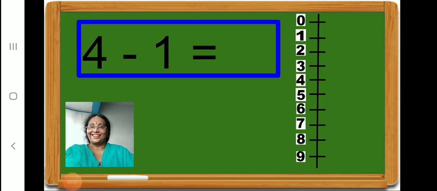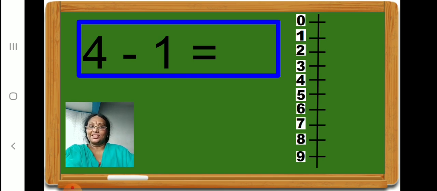Here children, let us subtract 4 minus 1. Children, see properly. Here all the numbers are arranged one below the other, that is vertically.